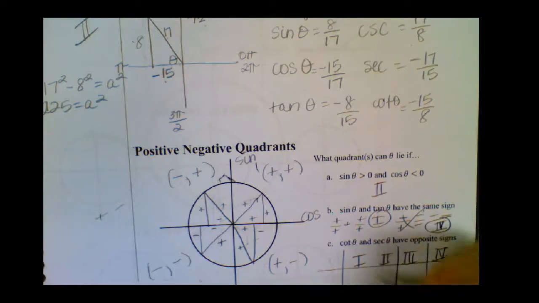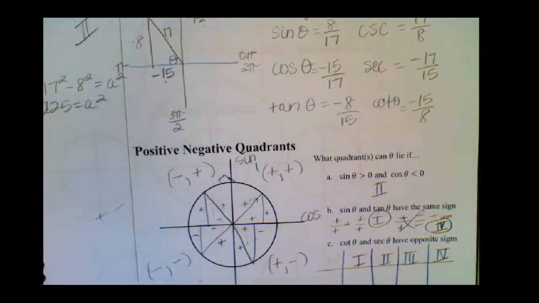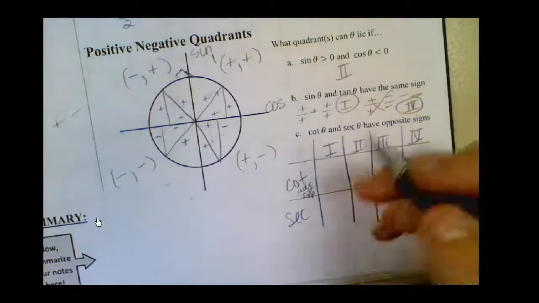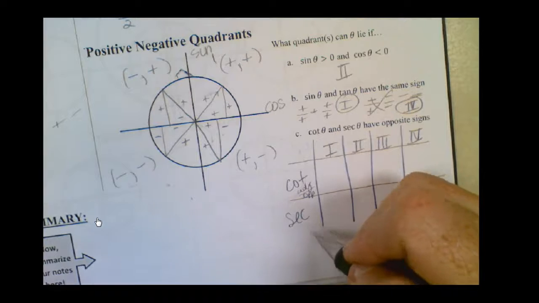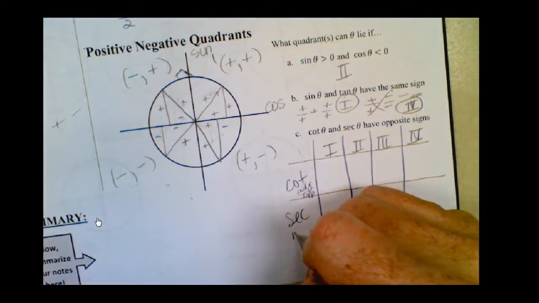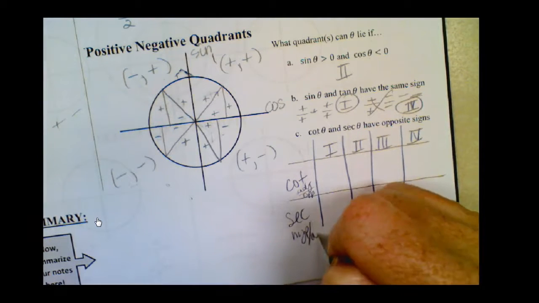This would be a good thing for us to revisit in class too. So here's my cotangent, here's my secant. And remember that cotangent is adjacent over opposite, and secant is the inverse of cosine, so that's going to be hypotenuse over adjacent.